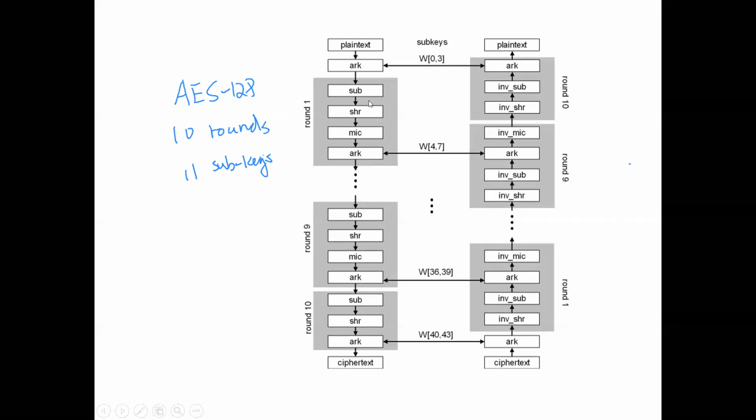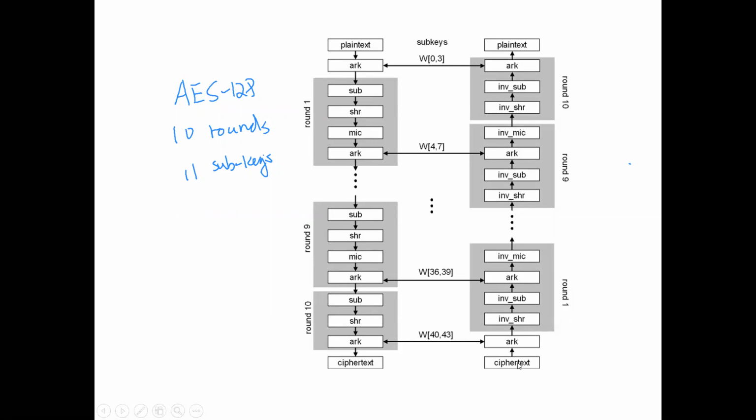Round one is a sequence of sub, shift, mix, and ARK. Repeat this until round 9. Round 9 is still the same sequence of operations. But in round 10, the operations are different. Then you get a ciphertext.